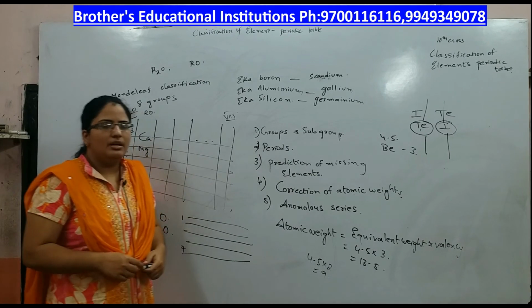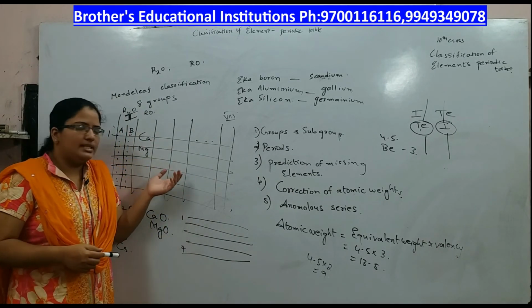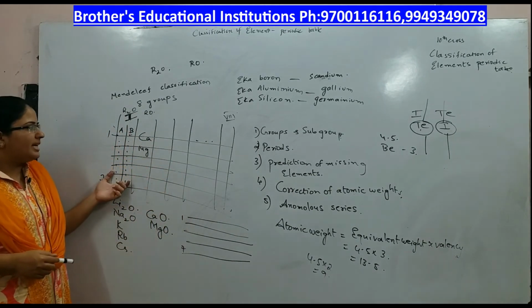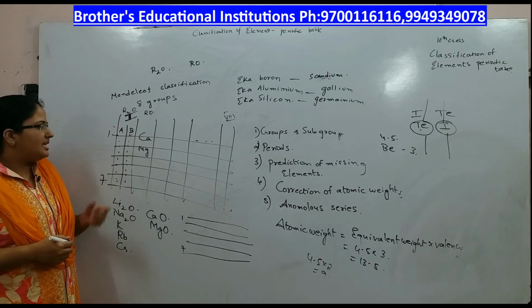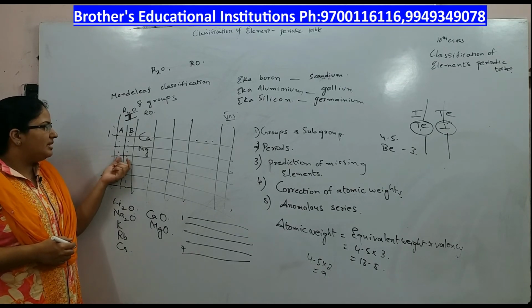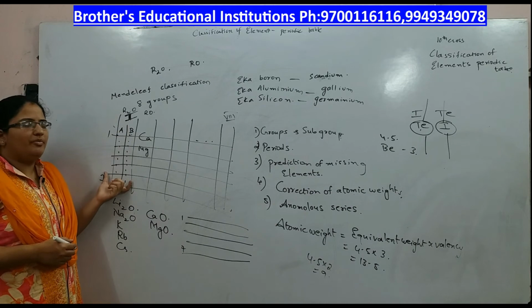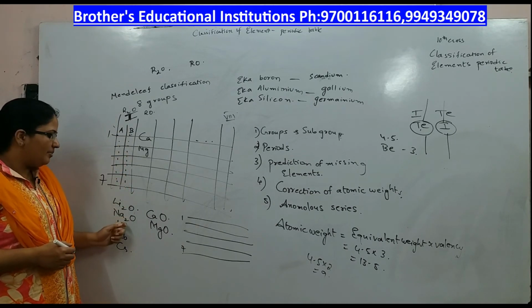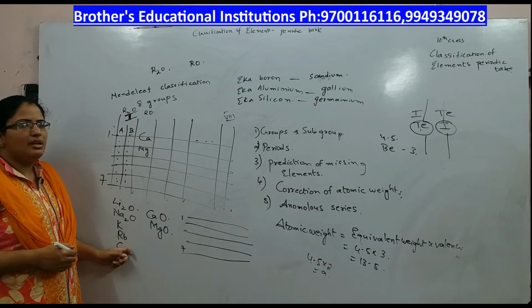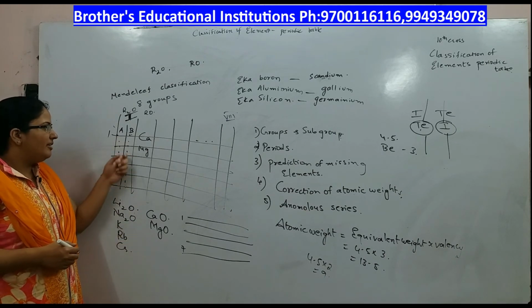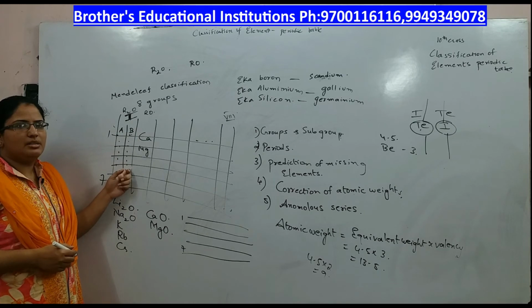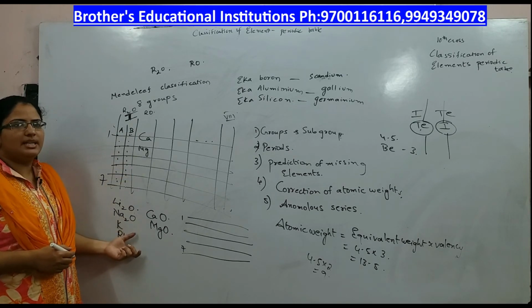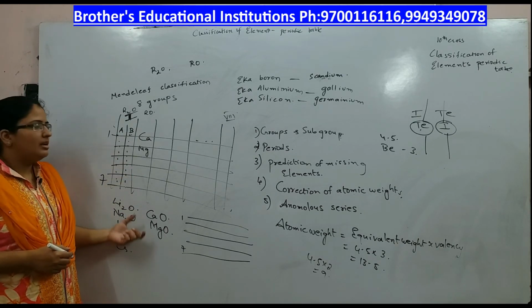Next, what are the drawbacks of this series? The first drawback is that he placed dissimilar elements in the same group. For example, in the first group you have lithium, sodium, potassium, rubidium, cesium, and in group 1B you have some metals. So here you have both alkali metals and coinage metals together.